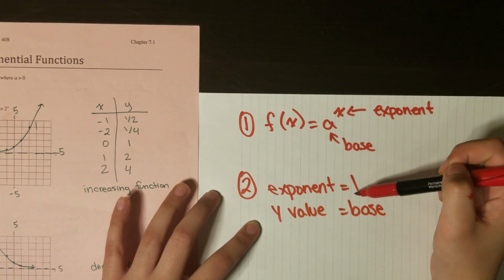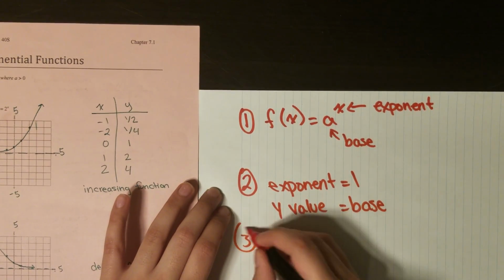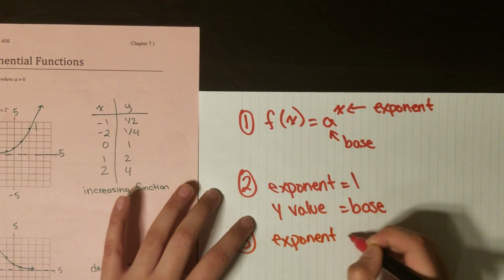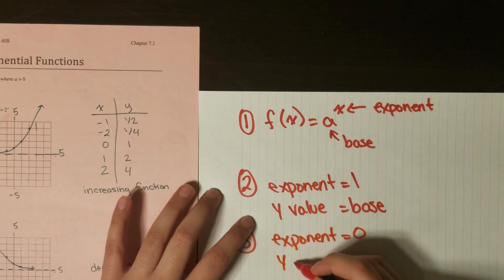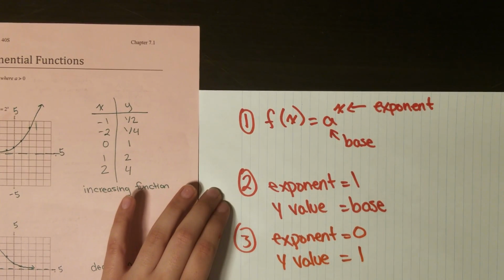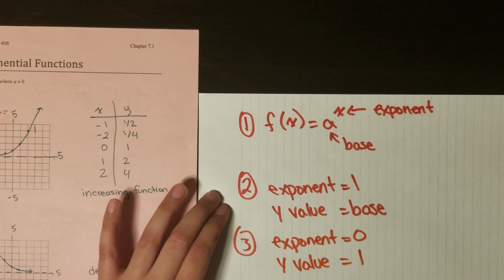Next, if my exponent is equal to 0, my y value is going to be equal to 1, because anything to the power of 0 is going to be 1.